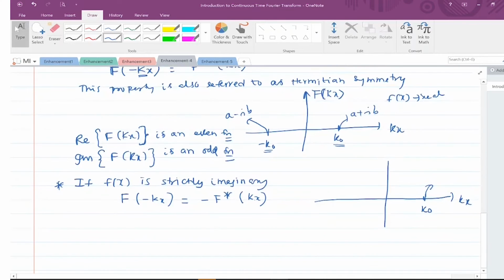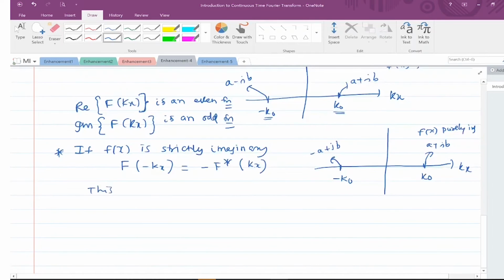Now, given that your f of x is purely imaginary, what would happen at k0? Let's say you have a plus jb; the value at minus k0 is, take the conjugate, that means a minus jb, and then take the negative sign of it. So this would become minus a plus jb.